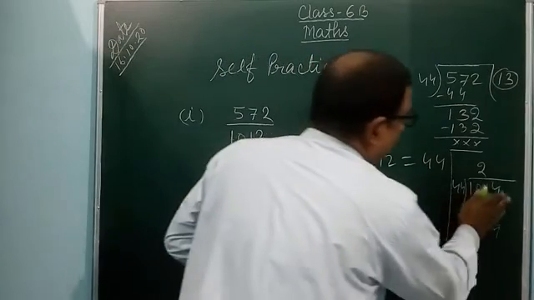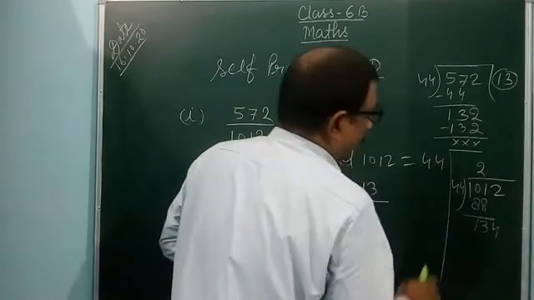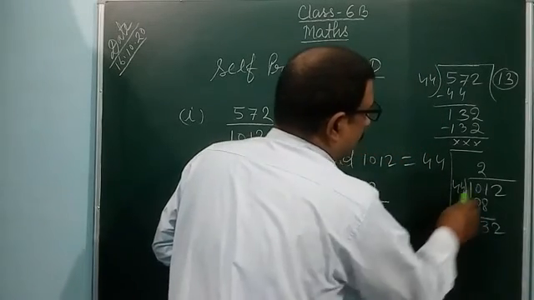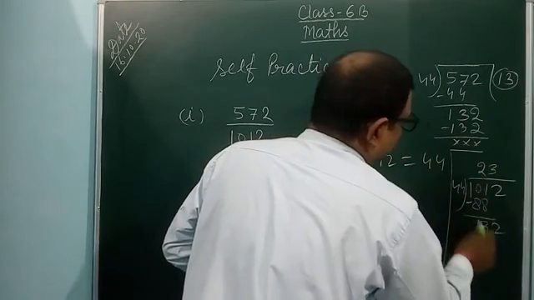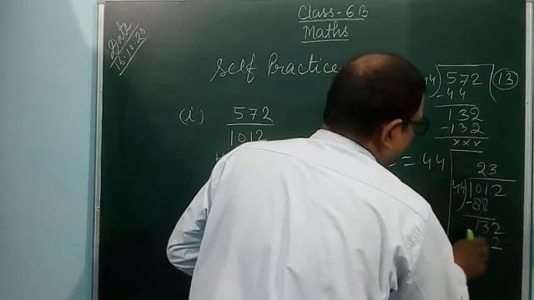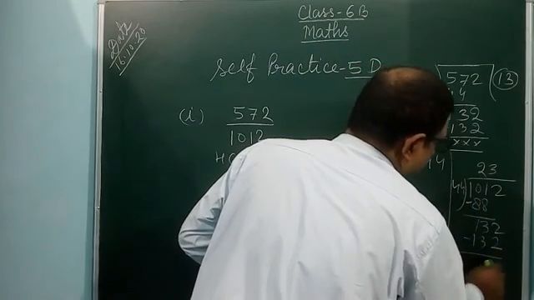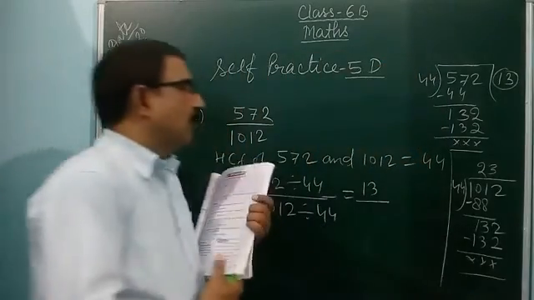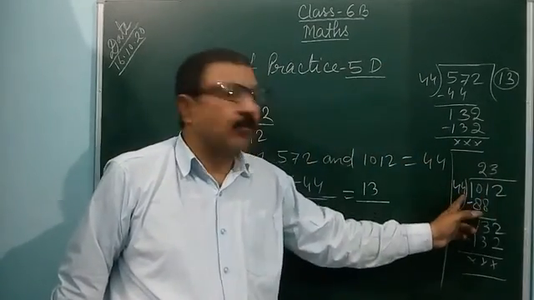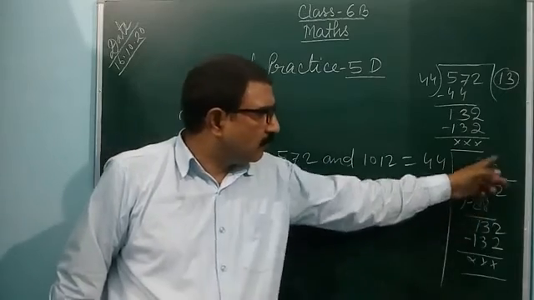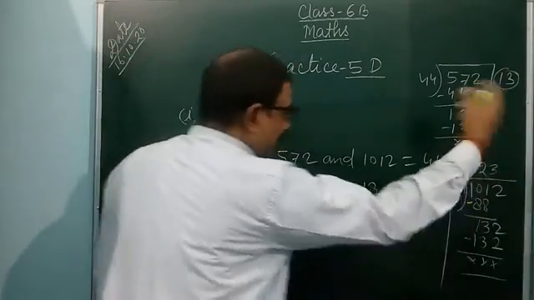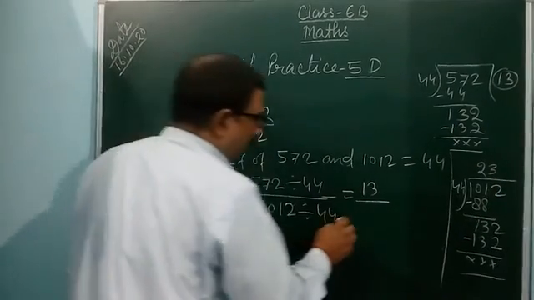So after then 2 here. After then by 3, 3 times 4 is 12, 2, 1 carry, 3 times 4 is 12 and 1, 13. So you can see by 44, 1012 is also divisible because 44 is the HCF of the numbers. So it is 23, coming 23. It means 44 times 23 is 1012.